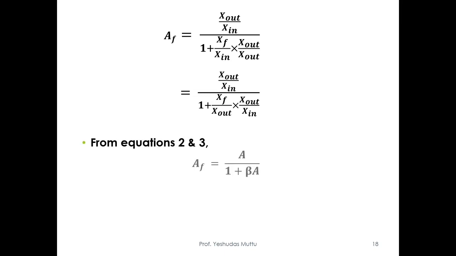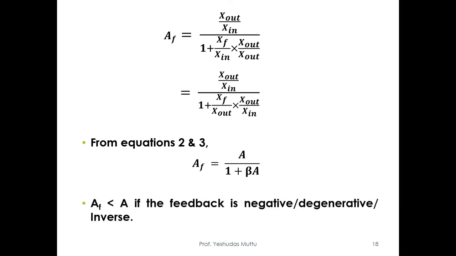So using those equations 2 and 3, I get finally that AF is equal to A upon 1 plus beta A, which is the expression for transfer gain with feedback, to be specific, negative feedback. For negative feedback, AF is less than A, because the denominator is going to be more.